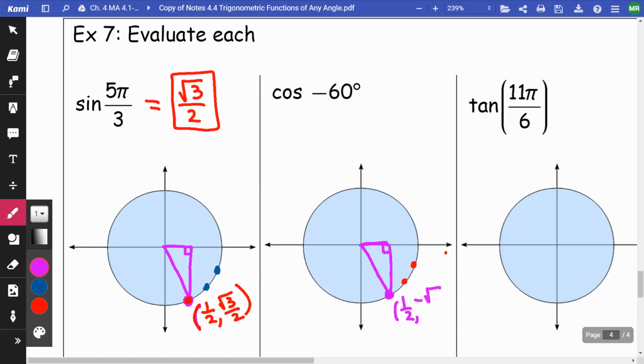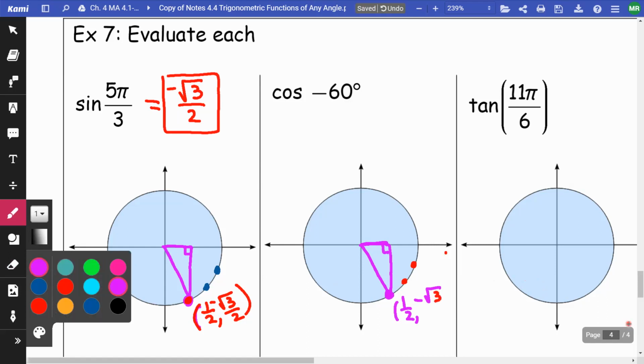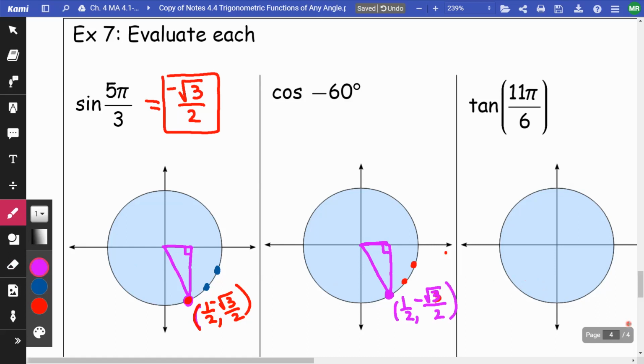And I apologize over here. I forgot to put my negative sign because my y is negative there, okay? I just wasn't paying attention. That should have been a negative because of the quadrant I'm in. My y's are negative in this quadrant. So down here, this one is going to be a negative root 3 over 2.